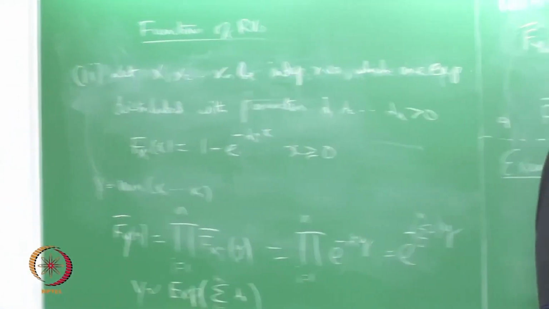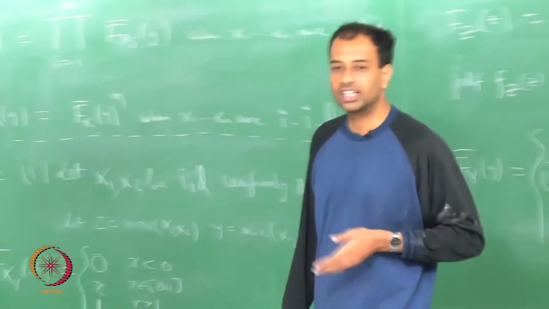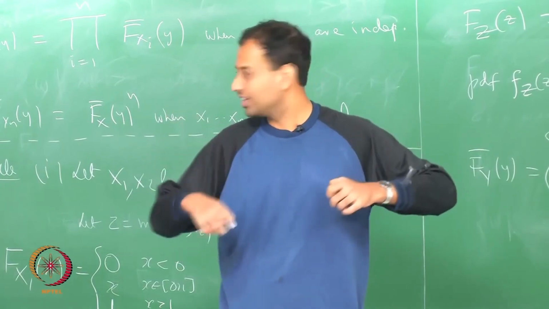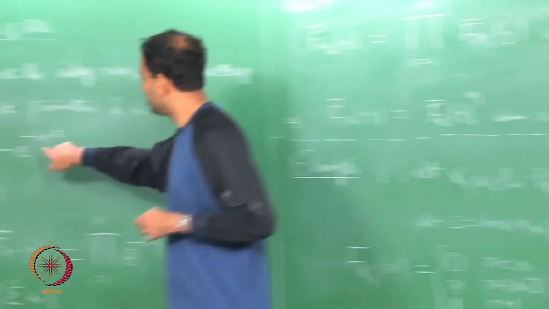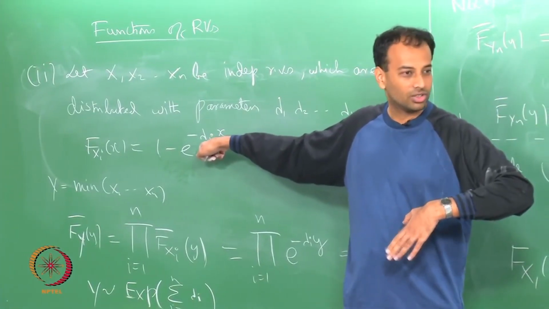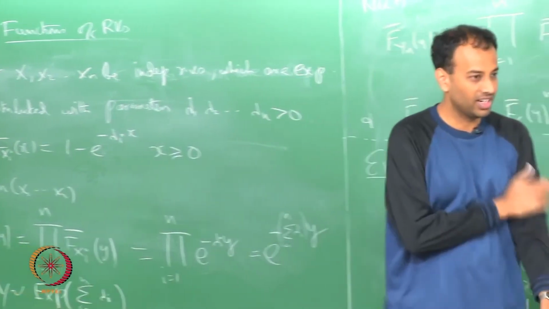Remember that I mentioned the exponential is this memoryless distribution that arises frequently in, let us say, radioactive decay, right. So, let us say that each of these corresponds to the ith sample, maybe they are all different radioactive elements, and they emit alpha particles at different rates, right.